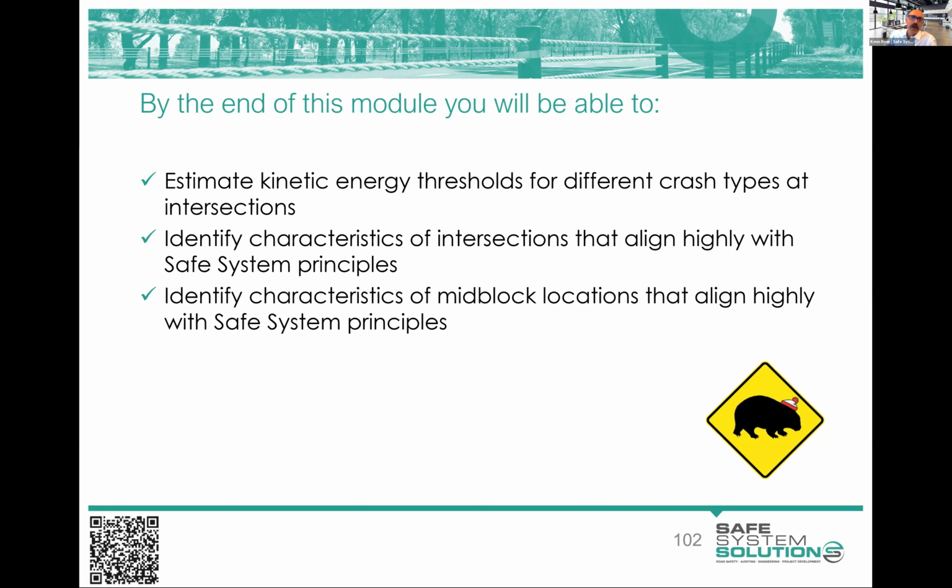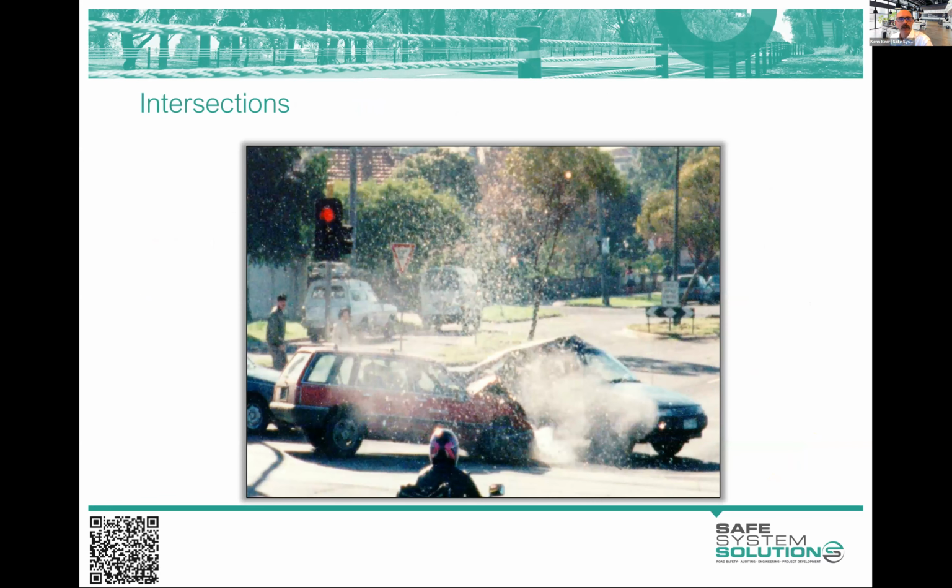The next session we've got, and Max will be taking you through it, drills down into vulnerable road users, pedestrians, cyclists, motorcyclists, and then goes through some of the safe system principles at intersections and mid-blocks for vulnerable road users. So I'm going to start with a little bit more focus on vehicle-to-vehicle stuff for a number of reasons, but we'll just jump into it.